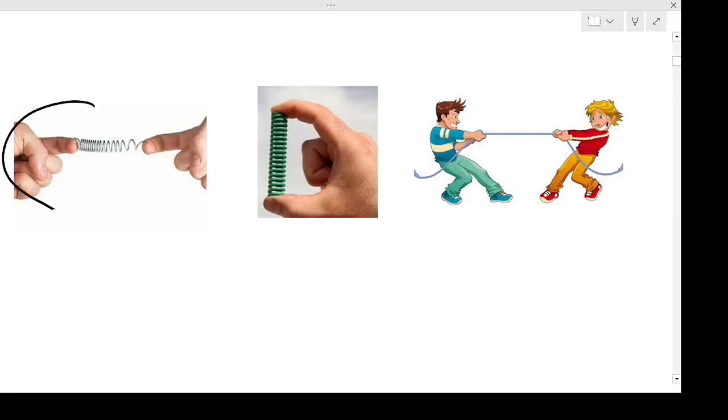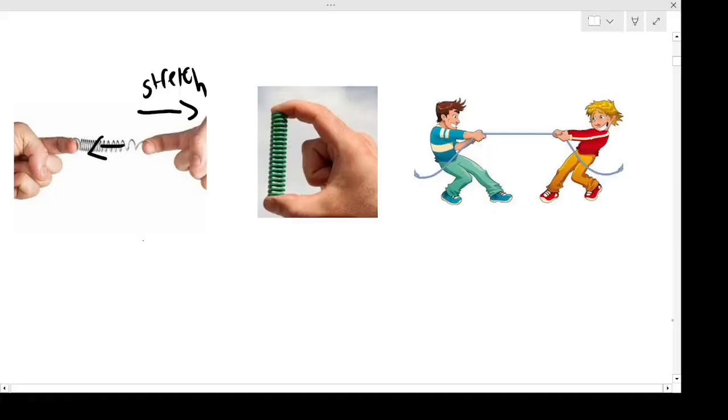Let's look at the example on the left first. This finger on the right is stretching the spring to the right. The spring doesn't like that, so there's a force inside the spring that acts the other way, to the left. This is a tension force, so it acts the opposite way to the stretching.